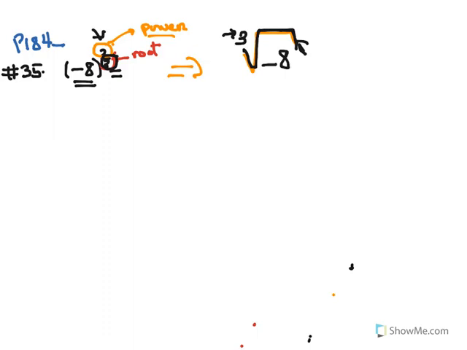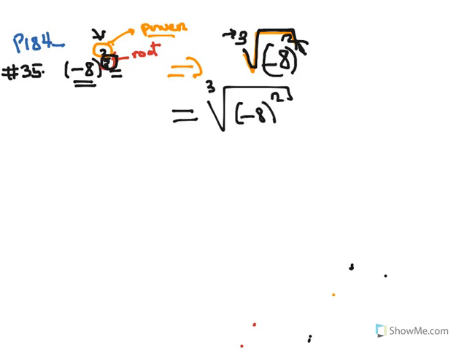I have to put a parenthesis in here so we can understand. So really what we're talking about is the cube root of negative a to the second. Negative a to the second is 64, positive 64, and the cube root of 64 is 4.